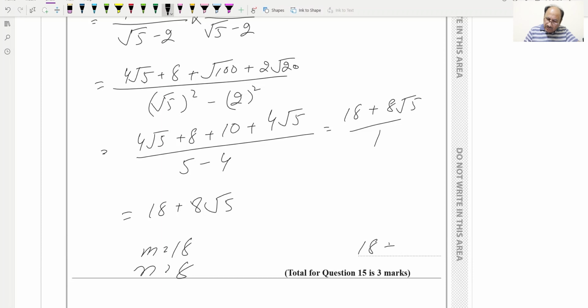Our answer will be 18 plus 8 under root 5. This is done for 3 marks.